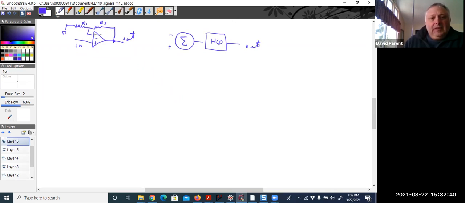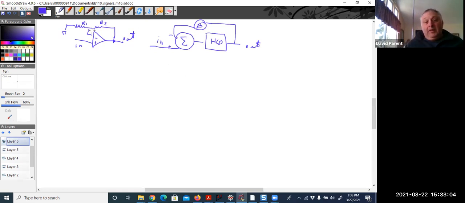Now, in our signal flow diagram, we usually just have a constant there before we feed it back in. And we're going to just call that beta, right? And then the input is the input.